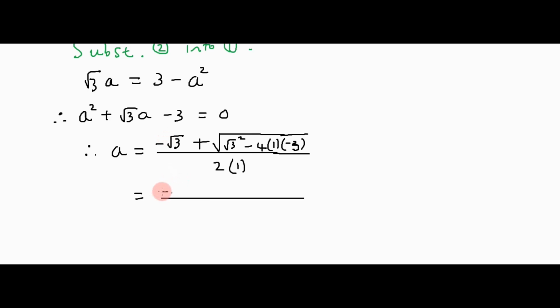So it's negative the square root of 3 plus, and we can simplify underneath the square root. The square root of 3 squared is 3, and negative 4 times negative 3 is 12. And this is all over 2. Of course, here we get the square root of 15.